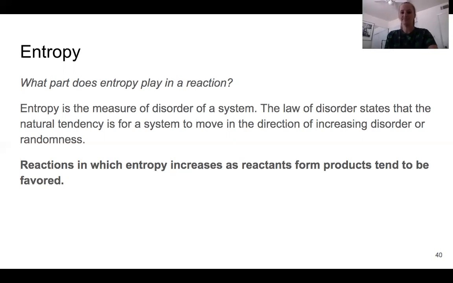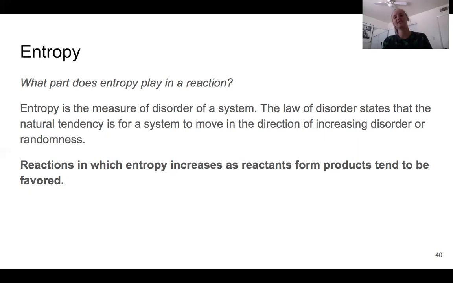So entropy is the measure of disorder, and typically what nature wants is to be disordered, of course still maintaining homeostasis, stability, things like that, but they want to be more random and have disorder. So reactions in which entropy increases as reactants form products tend to be favored.